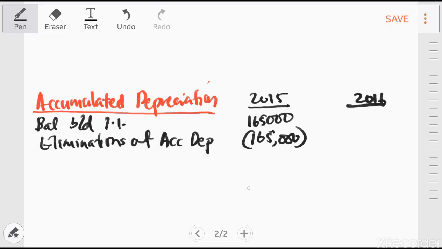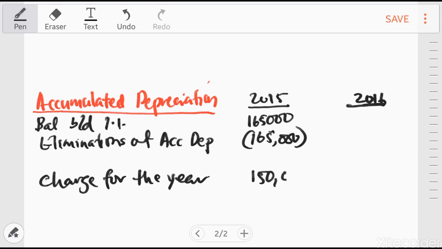So as on 1st of January 2015, there is no more depreciation because the balance was 165 and then you eliminate 165. However, you still need to charge the depreciation because it has been revalued. So you have to calculate the depreciation as I told you, and we have already calculated. And we're going to put here charge for the year. And our charge for the year that we have already calculated was 150,000.